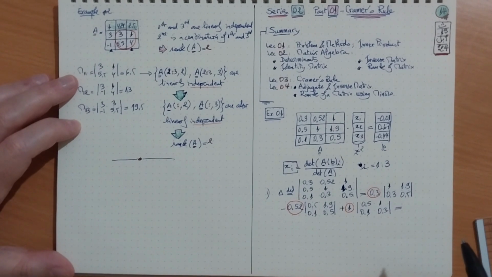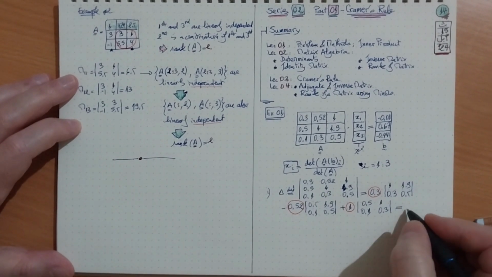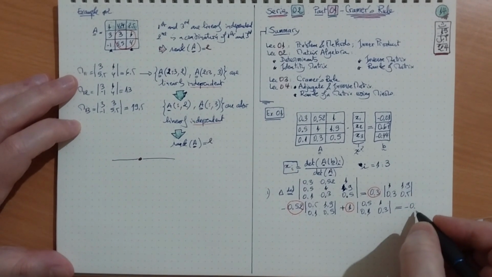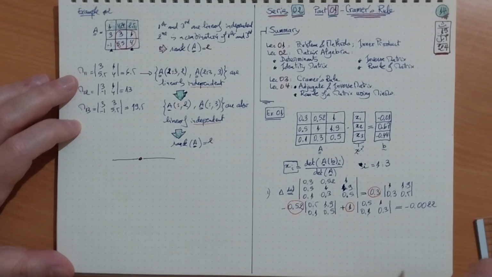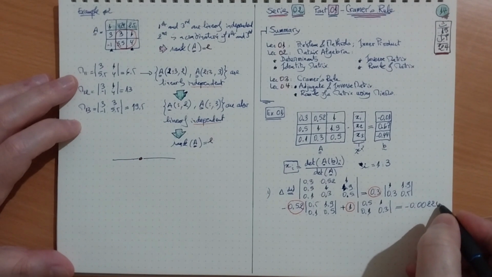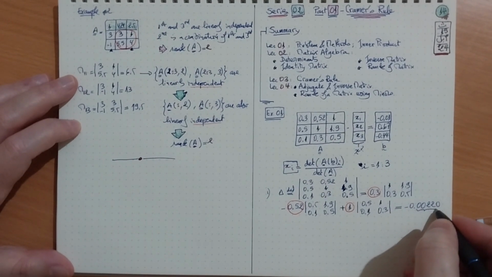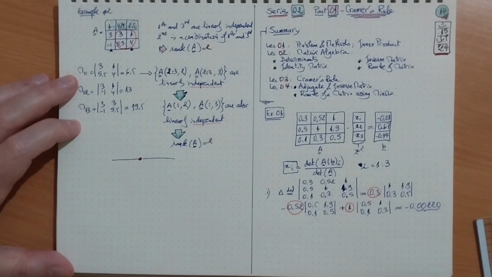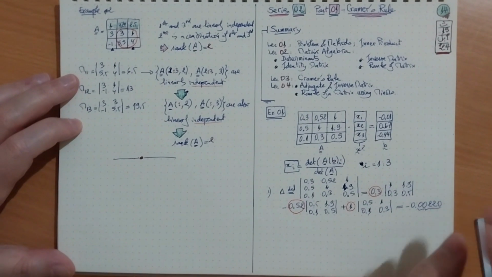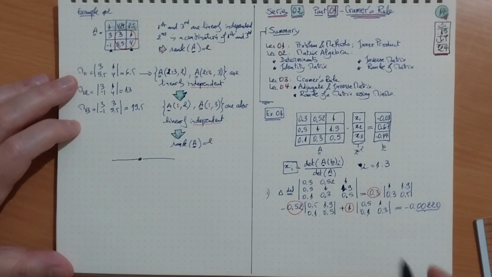Same result. And we obtain here minus 0.002. We use 5 digits, but here we haven't done any rounding offs. It's exactly the number.